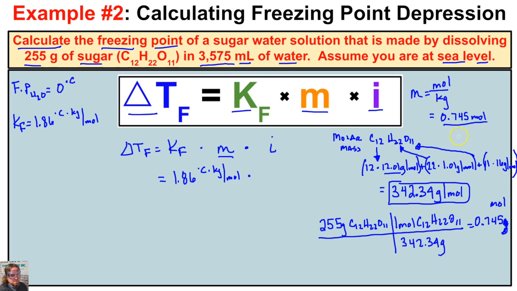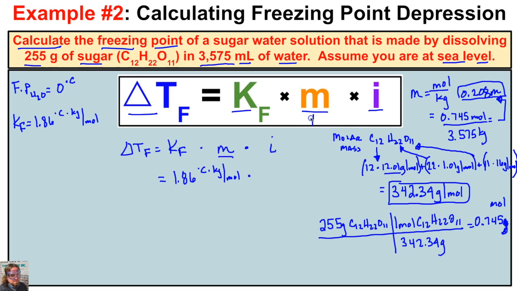So we have 3.575 kilograms. And so when we take 0.745 and divide this by 3.575, we're going to end up with 0.208. We'll put this up here, 0.208 as our molality.